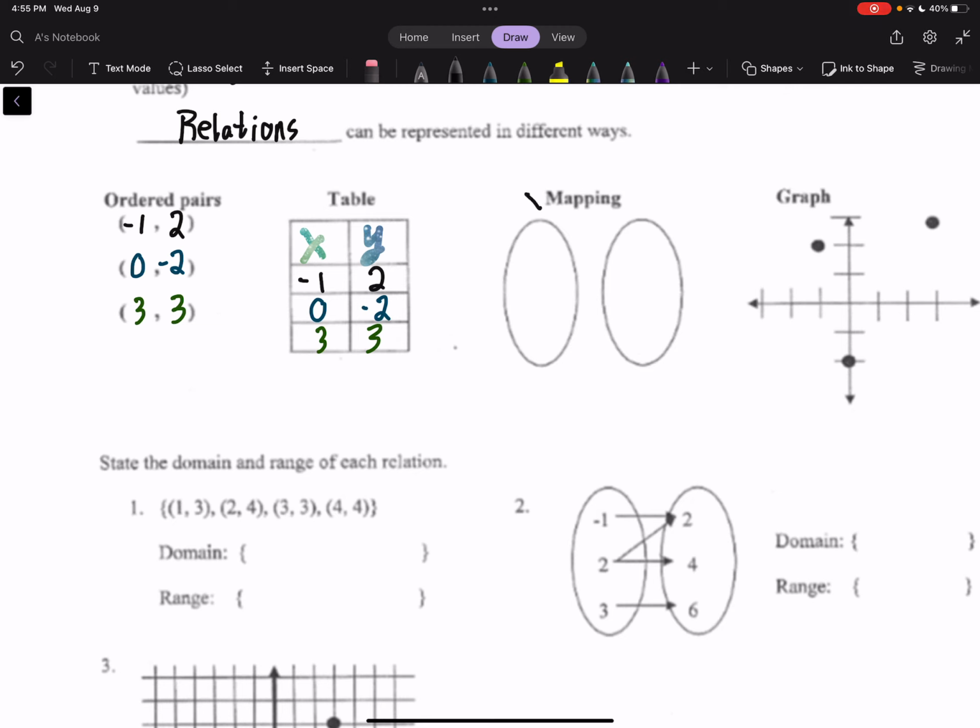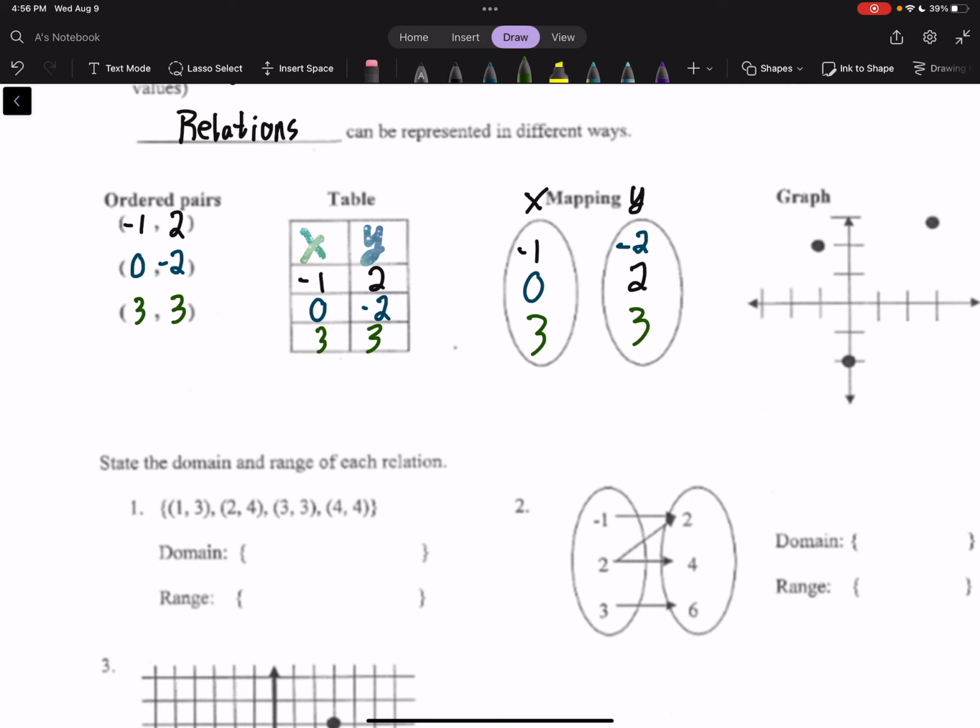Mapping, given our x and y values, it's going to go from the lowest number to the highest number. So our least x value is -1, then 0, then 3. For our y values, the lowest is -2, then 2, then 3.